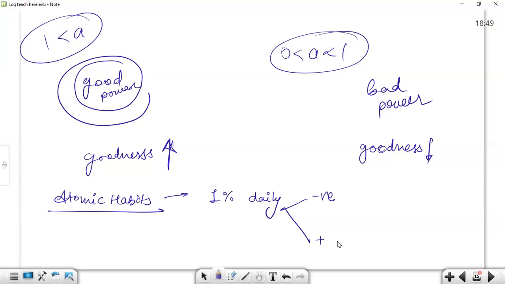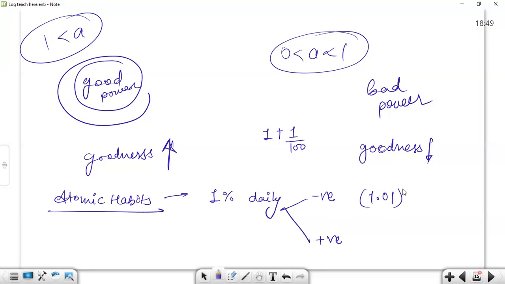So if we were 100%, let's say 1, what is its 1%? 1 by 100, right? So 1.01 is the new outcome, tomorrow's outcome.